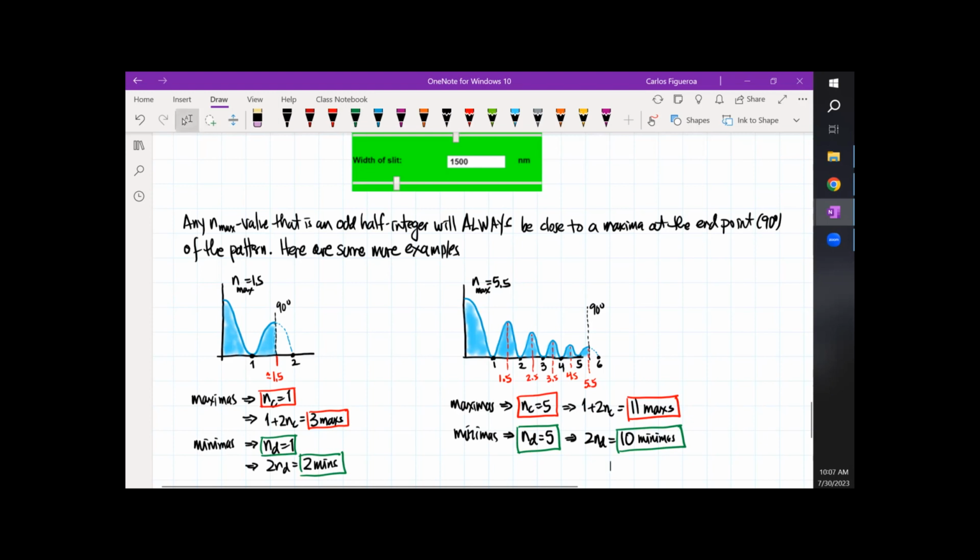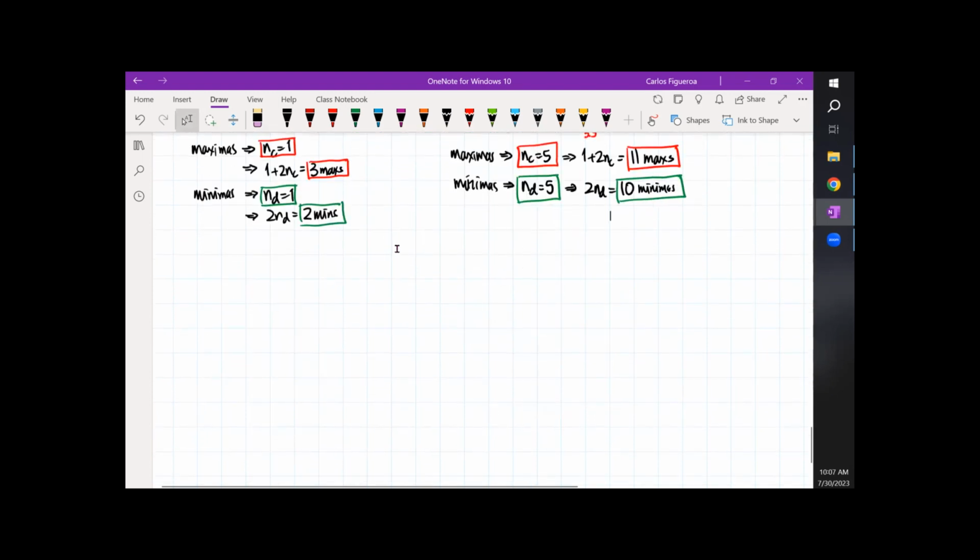So then the last case that we want to look at is the non-integer values. So this is case 3 now. We're going to look at non-integer Nmax values.